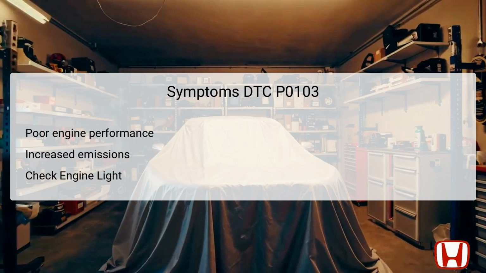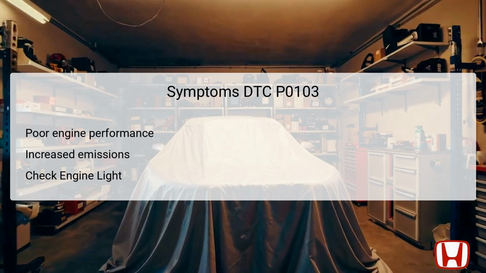Symptoms associated with DTC P0103 can seriously impact vehicle operation. Poor engine performance often manifests as stalling, hesitations, or lack of acceleration due to an incorrect air-fuel mixture. Increased emissions are another notable symptom, as an improper mixture may cause the vehicle to emit higher levels of pollutants, potentially failing emissions tests.